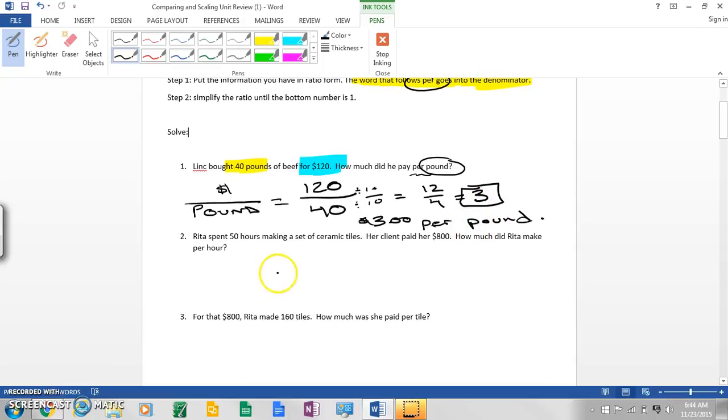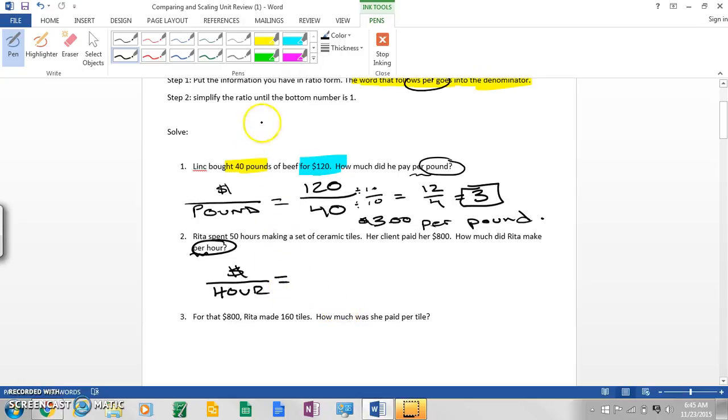Okay, we looked at number 2. Rita spent 50 hours making a set of ceramic tiles. Her client paid $800. How much did Rita make per hour? If we look at this, we find per. The word after that per is hour, so we know that hour will go in our denominator. The other thing we're comparing here is the money again.